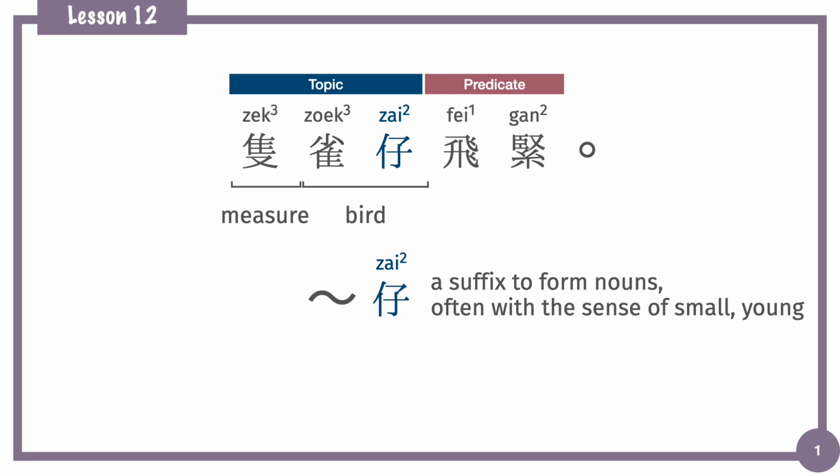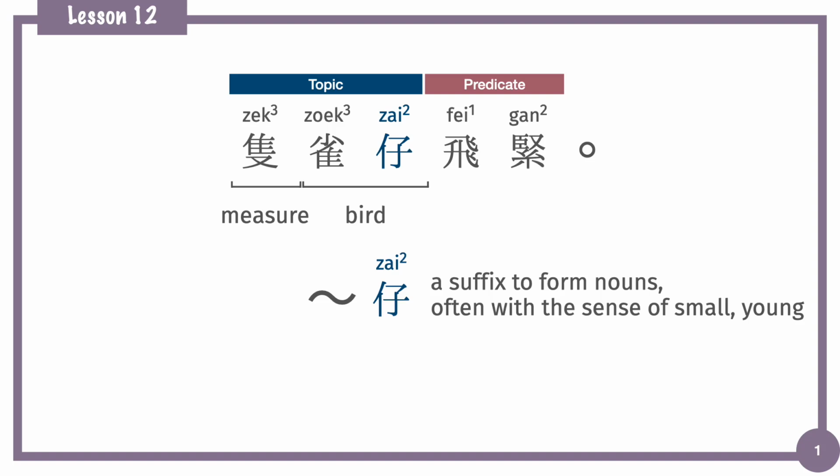When adding 仔 as the suffix after the animal, that shows the baby version of that animal, such as 豬 means pig, 豬仔 means the baby pig, and 羊 means sheep or lamb, and then 羊仔 means the baby lamb.